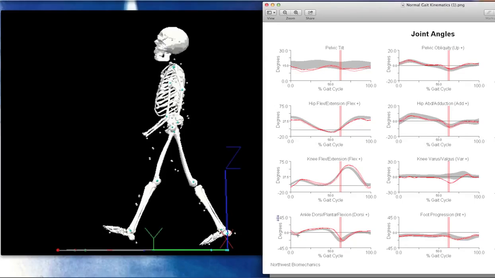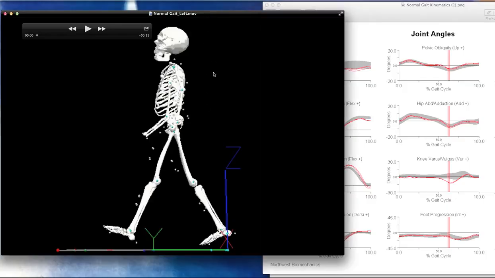At 10% of the gait cycle, we go to foot flat, and then we dorsiflex up to about 50% of the gait cycle, and then we plantar flex until 60% when we lift that limb off. Then during swing, the role of the ankle is to go from plantar flexion back to that slight amount of dorsiflexion position that we have at initial contact.